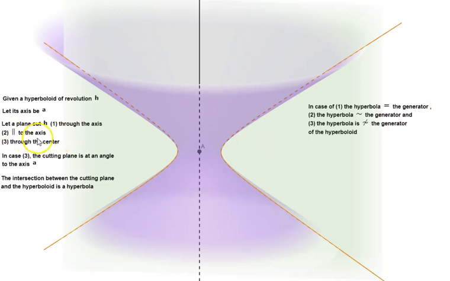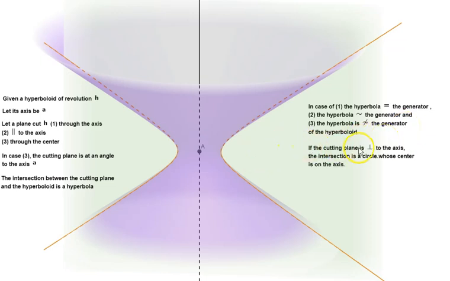In the second case, when it is parallel to the axis, the hyperbola is similar to the generator. And in the third case, the cutting plane is at an angle. The intersection, that is the hyperbola, is not similar to the generator of the hyperboloid.